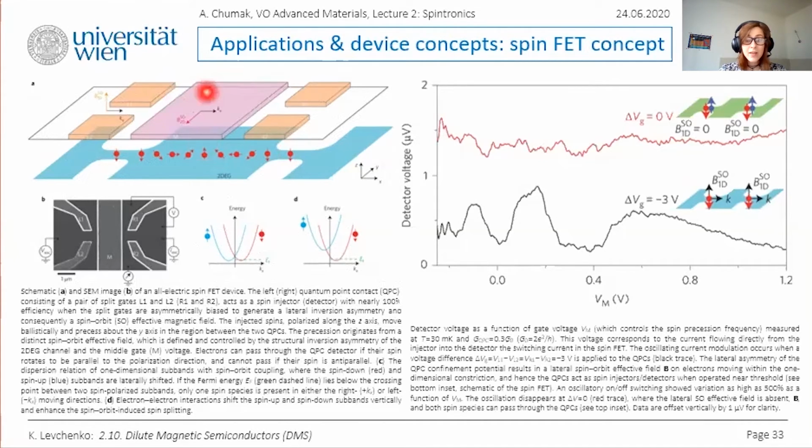By modifying the gate voltage here, one can control the spin orientation of electrons traveling along this channel, and this gives rise to oscillating on and off switching of this device with respect to the applied gate voltage.